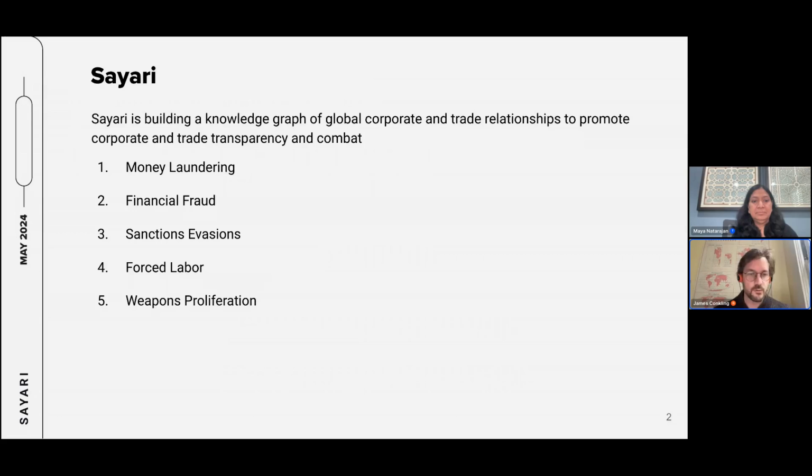It all has to do with whether you can easily understand things like shell companies operating on behalf of black market or gray market activities. And then more recently, we've got into the supply chain and trade world. That relates to forced labor, or, again, sanctions regimes around import-export controls, weapons proliferation as well.